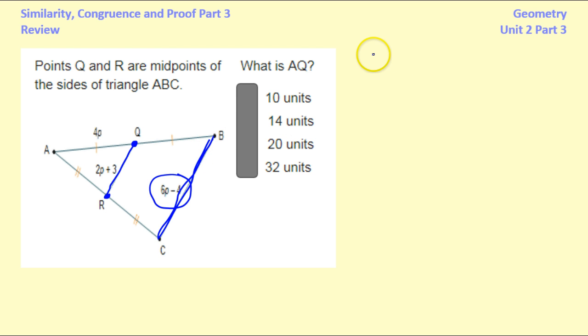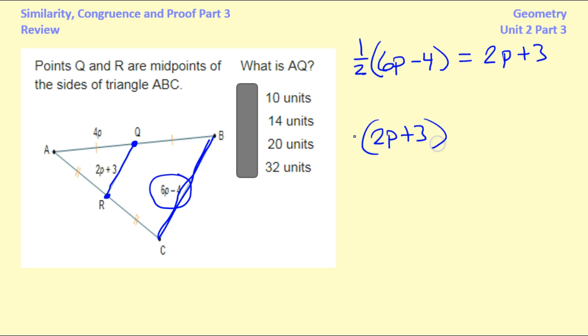So in other words, if I take the big side, 6p minus 4, and if I do half of that, half of the big side, it should equal the other side, 2p plus 3. Or I could say, if I start with the small side, 2p plus 3, if I double it, then it should equal the bigger side, 6p minus 4.